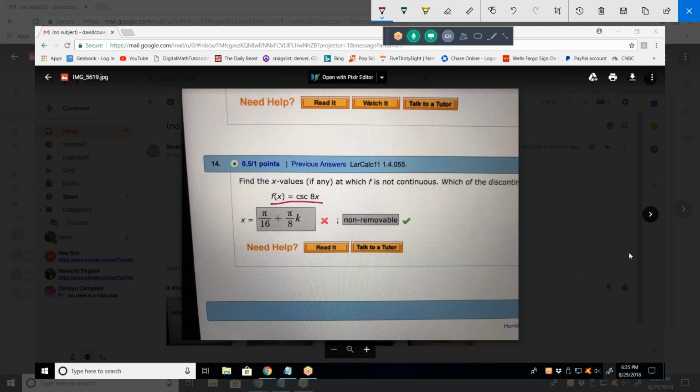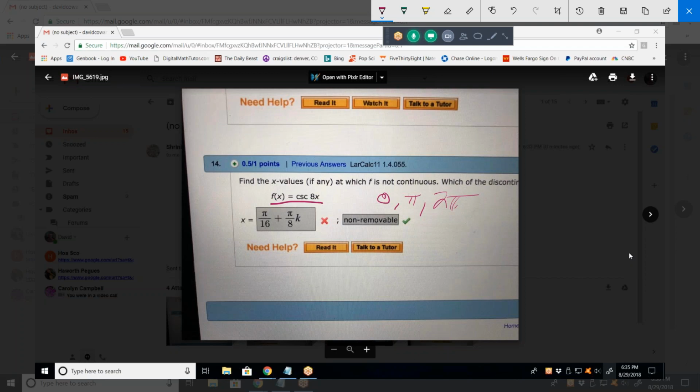Wherever sine is equal to 0, the cosecant is division by 0, which is undefined. It's 0, pi, 2 pi, in other words, multiples of pi. That's where sine is equal to 0, which means that's where cosecant is undefined, so where it's not continuous.